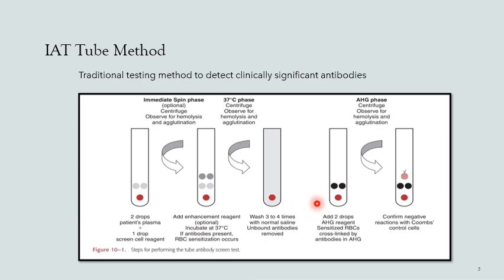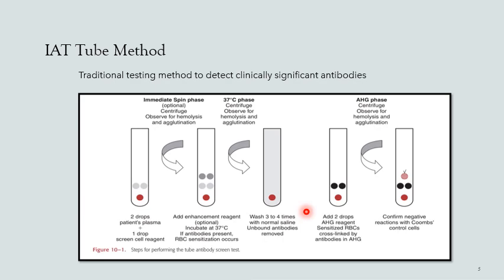Now let us proceed to the AHG phase. In AHG phase, we will add 2 drops AHG reagent. So sensitized RBCs are cross-linked by antibodies in the AHG reagent.